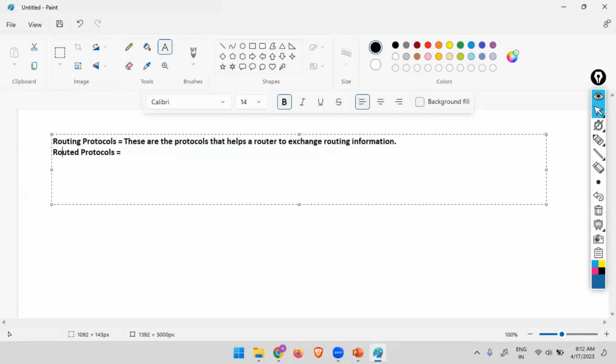Examples of routing protocols: lots of protocols are there. OSPF, BGP, RIP, IGRP, then you have IS-IS, then you have EIGRP, and then you have BGP, etc.